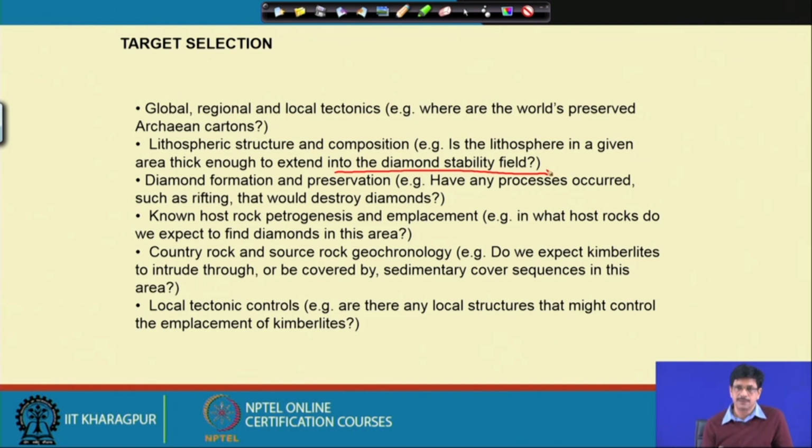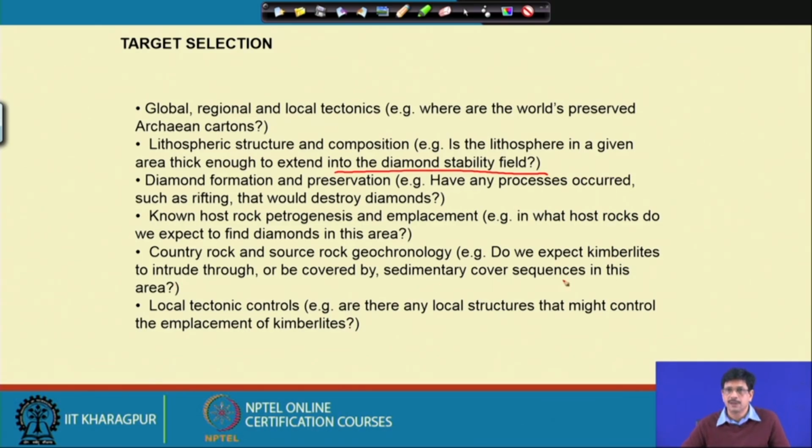So, the area where this kimberlitic pipe is emplaced should not have been disturbed by any further tectonic or rifting activity later on. The known host rock petrogenesis and emplacement: what host rocks do we expect to find diamonds in this area from? The country rock and source rock geochronology: do we expect kimberlites to intrude through, or be covered by, sedimentary cover sequences in this area?